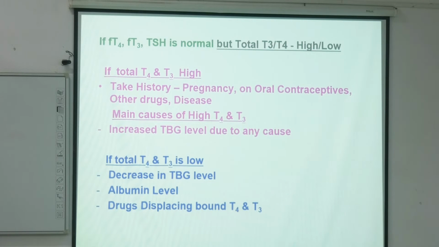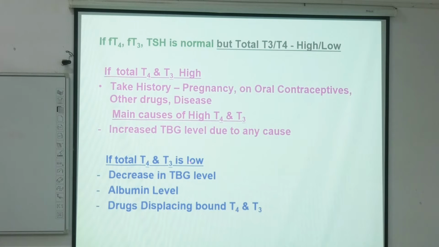If the total T3 and T4 are high, take history first, what drug he is taking, and normally this occurs in most of the ladies, and ideally they are on oral contraceptives or they are pregnant, and that is the reason why total T4 or T3 level is high, with the increased TBG level acting as a reservoir, and that gives a false, erroneous representation of high T4 and T3 level, but not TSH. So the main cause of high T4 and T3 is increased TBG level due to any cause.